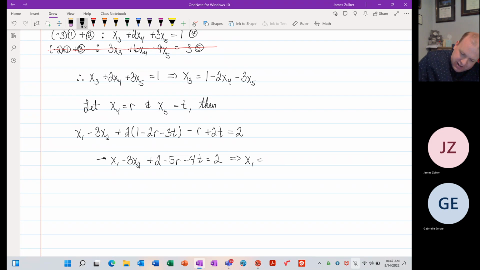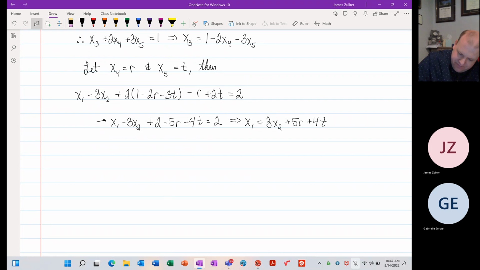So x1 would be, subtract out the 2. You get 3x2 plus 5r plus 4t. x2 is also an independent variable. Solution set. It's going to be an ordered quintuple.